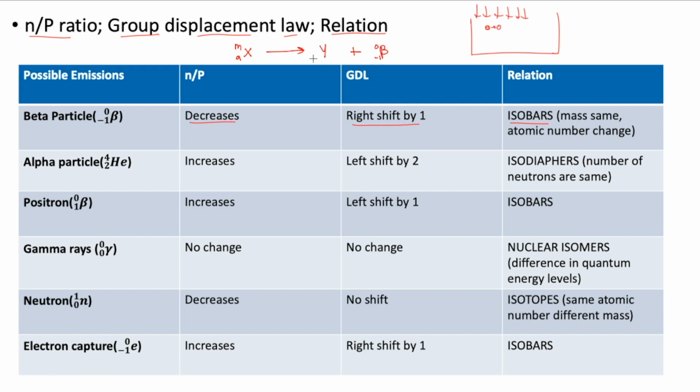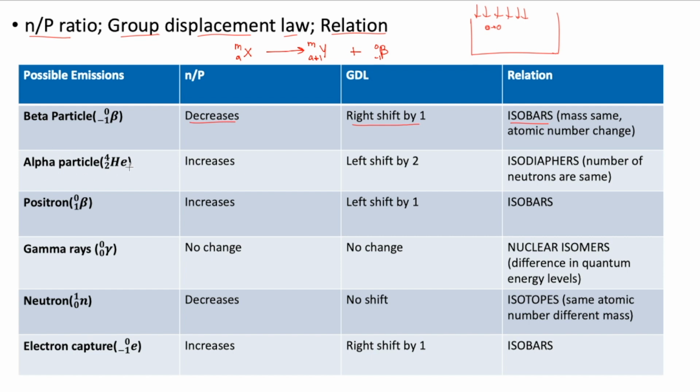So Y will have an atomic number increased by 1 unit. A plus 1 will be its atomic number and the mass will be M. So the atomic number has increased and it will give a right shift in the group. I hope this is clear.